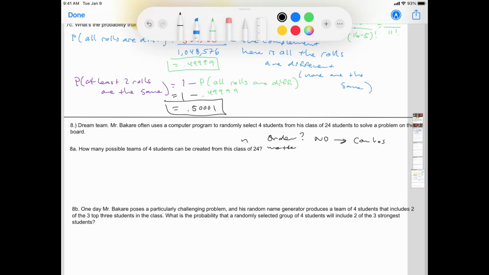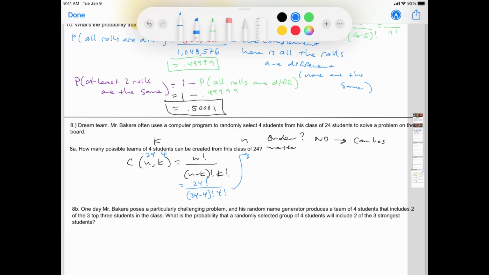So here's your total, and this is what I'm picking from. So I have nCk equals n factorial over n minus k factorial times k factorial. Do it by hand and then we'll check with the calculator. So 24 and this was 4. So basically 24 choose 4. So 24 over 24 minus 4 and 4 factorial.